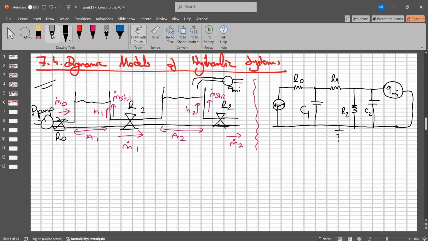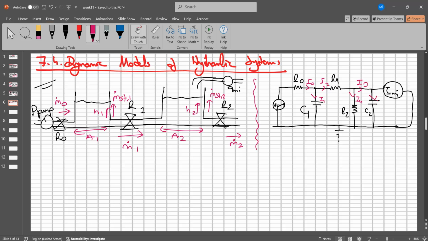But in this case, this is the I, because it's the electrical analogy. So how can we write it? In order to solve this equation, we can use the Kirchhoff law, right? And so we can define, this is the I0, this is the I1, this is the I2, right? And this is the I4, and this is the I3, right?